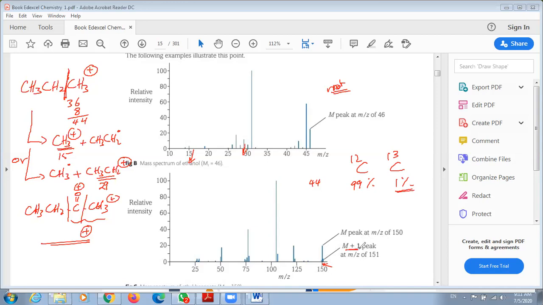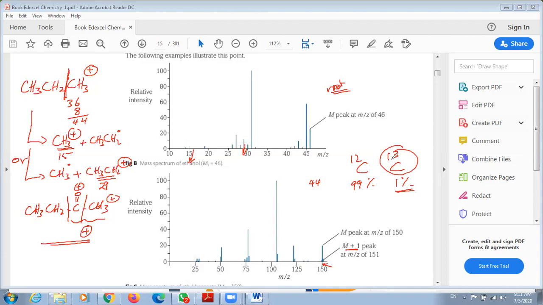It means that maybe one of all these carbon atoms that were included in your organic compound was carbon 13. Would the m+1 peak be your molecular ion peak?